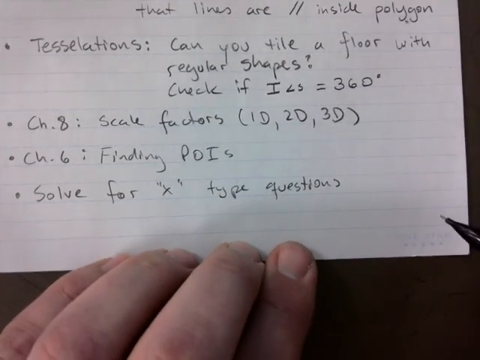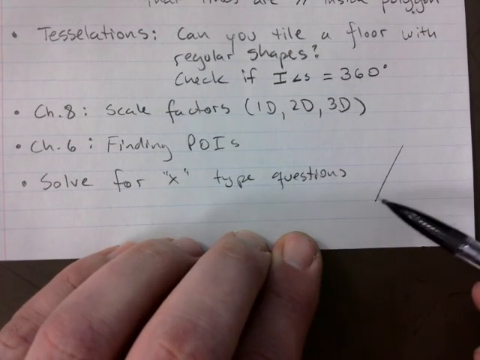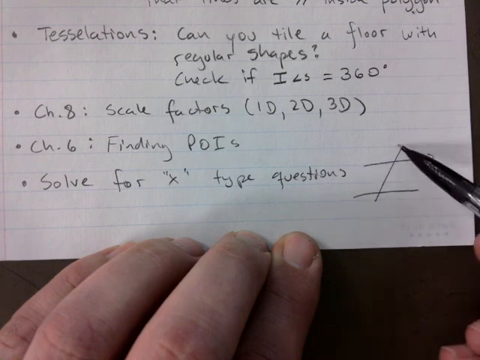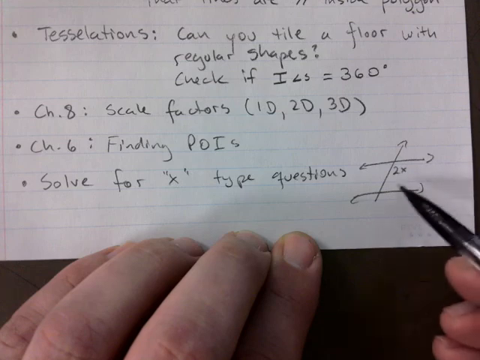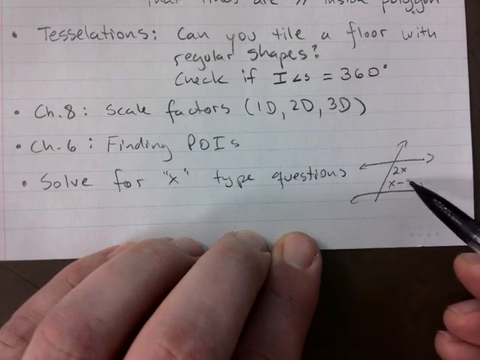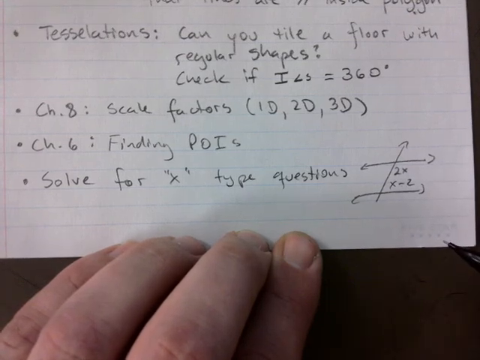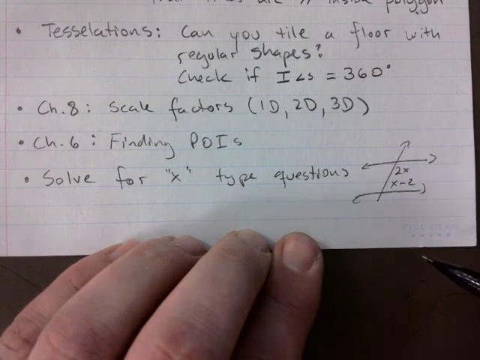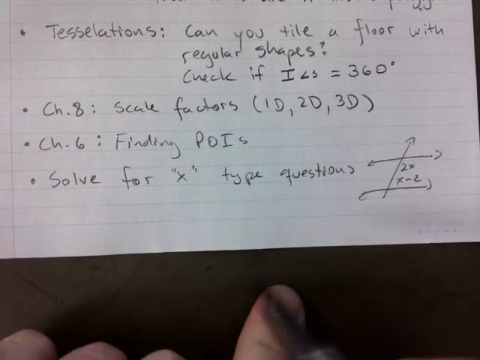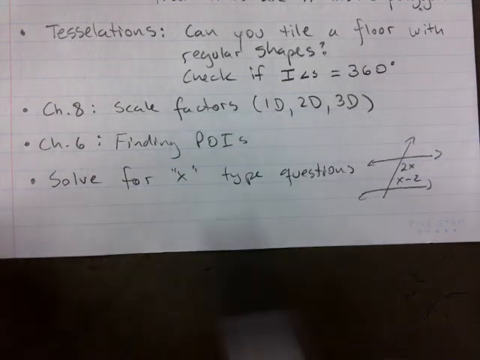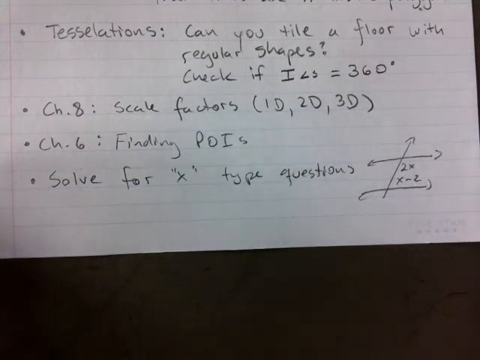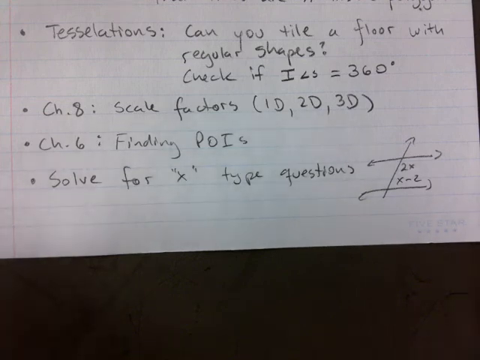And what I mean by that is if you have, you know, something like this, and this is 2x, and this is x minus 2 or something like that, right? We did a bunch of questions like that where you have to figure out the missing variable. Knowing that there's something true about them, they may add up to 180, they may be congruent.